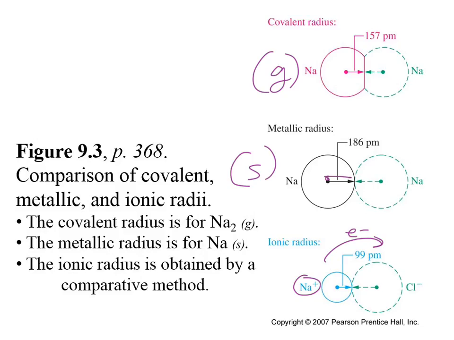This is from the nucleus out, gives us our atomic radius. So in its solid state, which is what we say metallic bonds, the radius is 186. As a gas, it's 157. And hopefully not so surprising, and actually we're going to talk about this in part 5, the radius after a sodium atom loses an electron, becomes a +1 cation. Now it's very, very small because it lost an electron, and that's what's giving it volume.